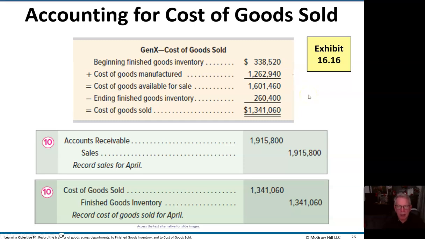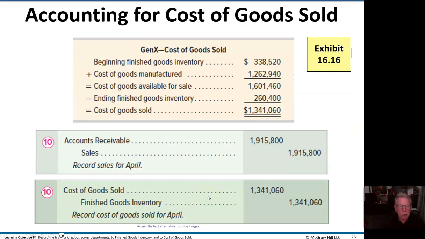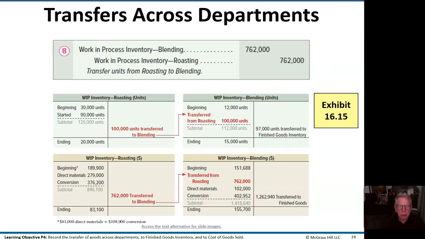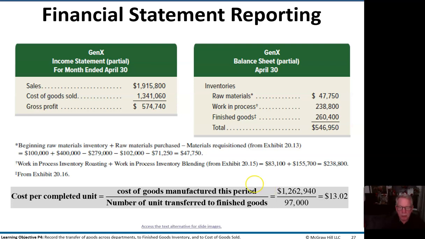Okay, and that cost of goods manufactured then can be divided by the number of units that were transferred to finished goods, which are shown here. Okay, and here's those two numbers. So our cost per completed unit is $13.02.